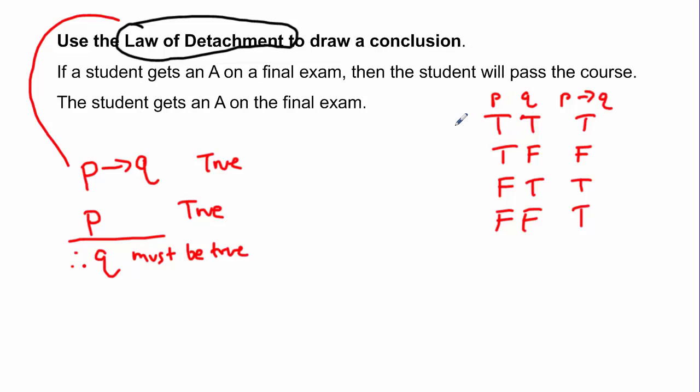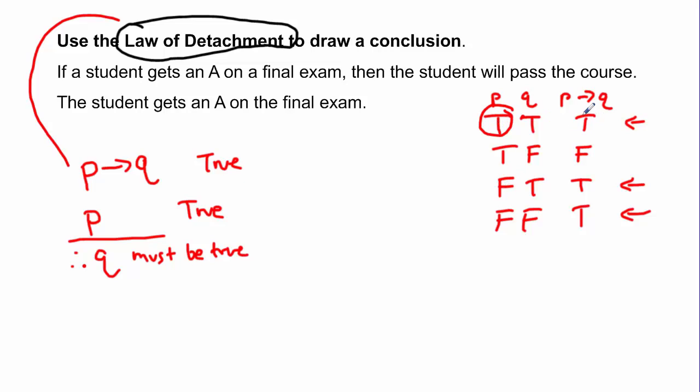So I can see the law of detachment. If I know that the conditional statement is true, which is the case in this case, this case, and this case, and I'm also told that P is true, then there are only three cases where the conditional is true, and P is not true in two of them.